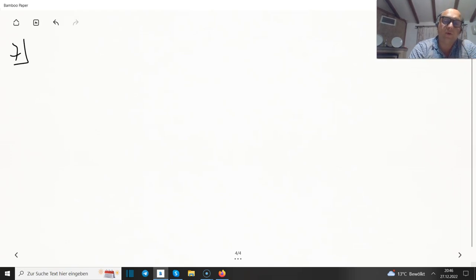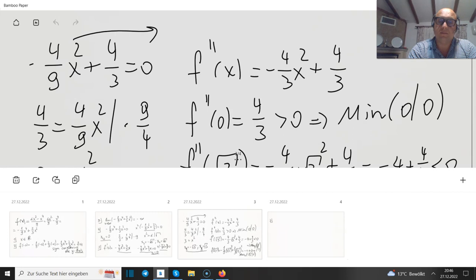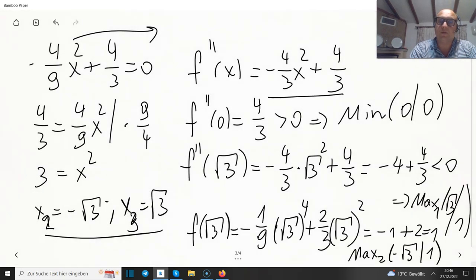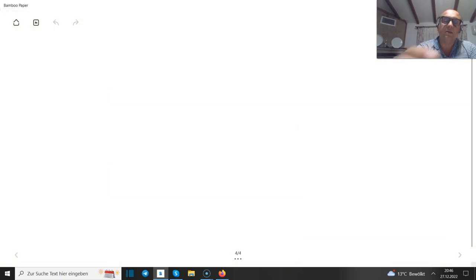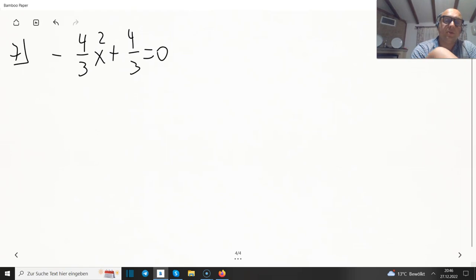All right, number 7 are the points of inflection. And for these purposes, we're considering the second derivative, which is minus 4 thirds x squared plus 4 thirds equals 0. So we just can divide it by 4 thirds, right? That would be minus x squared plus 1 equals 0.